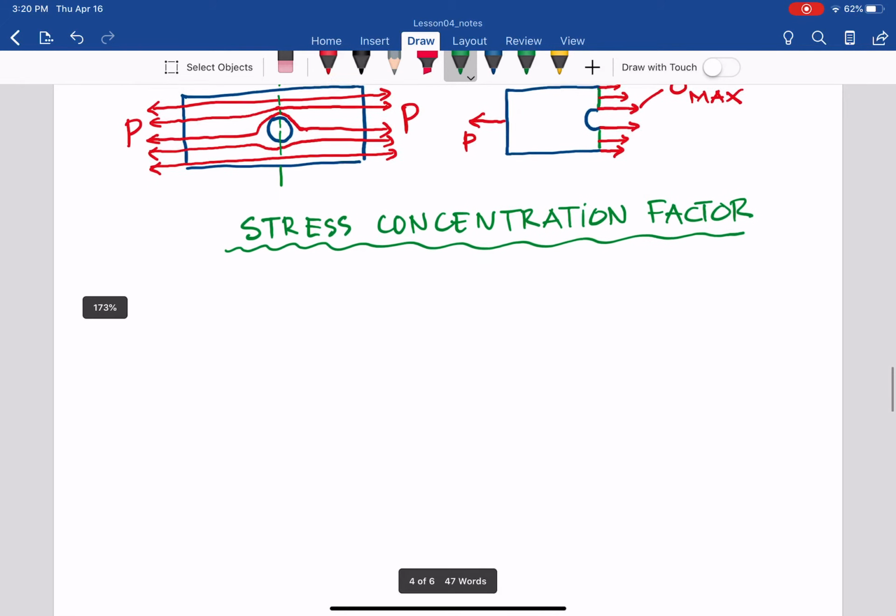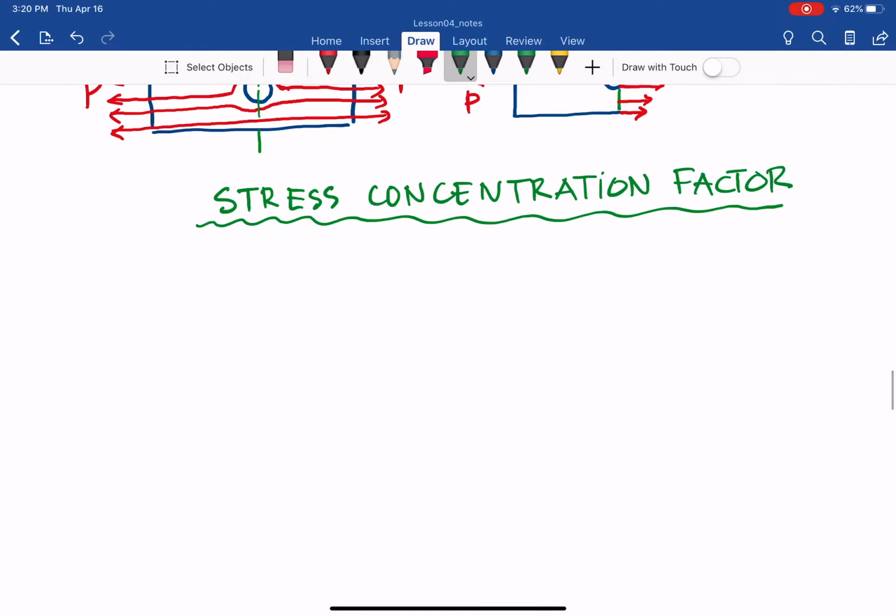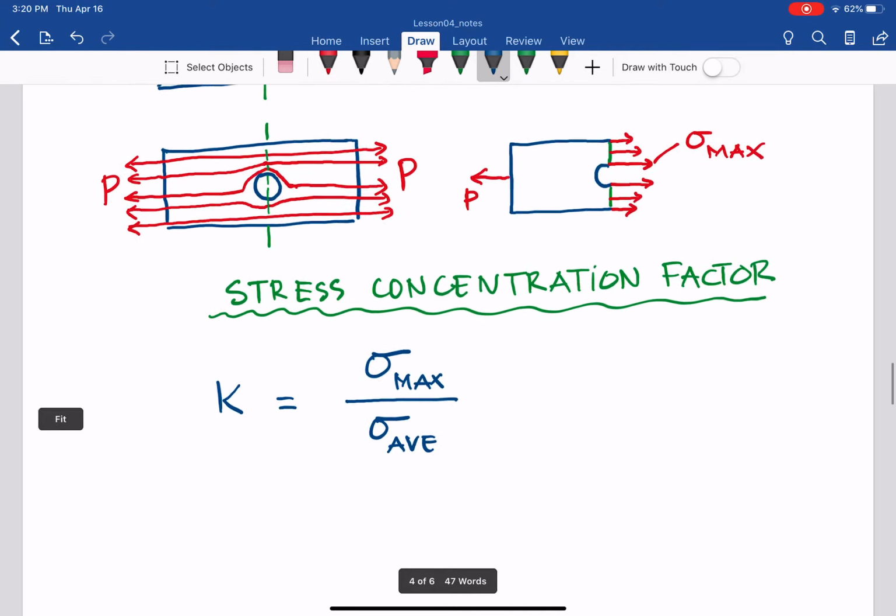So how can we determine the sigma max? Basically, the stress concentration factor is represented by K, and it is equal to sigma max, the maximum stress, over the average stress on the cross section.